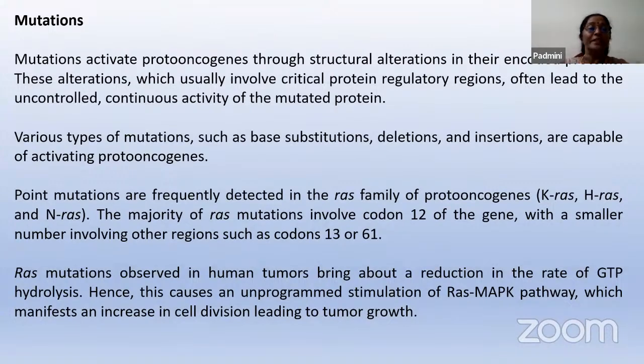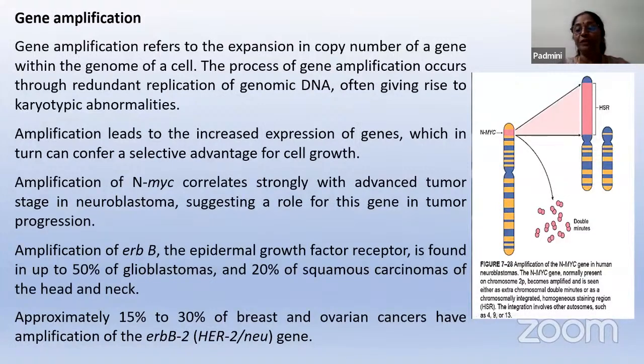The second one is gene amplification. When a gene is amplified in number, if you can see in this picture, NMYC has been amplified over there. Amplification can also lead to activation of proto-oncogenes. The process of gene amplification occurs through redundant replication of genomic DNA, often giving rise to karyotypic abnormalities, so that the karyotype is completely changed, which leads to different types of abnormalities.